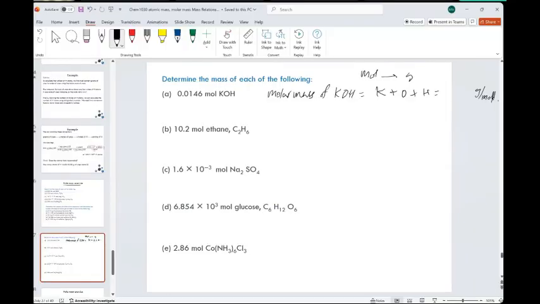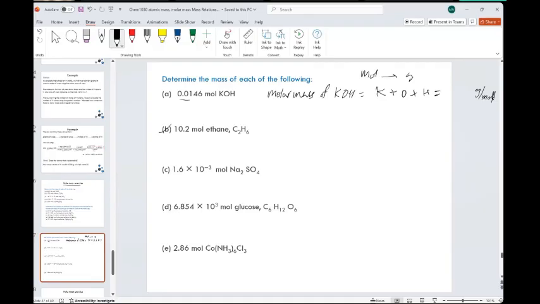Right? You got some value using calculator. And then what you do? You multiply with the given amount, 0.0146 mole times the molar mass you just got. So do that yourself. I'm just giving you the direction.